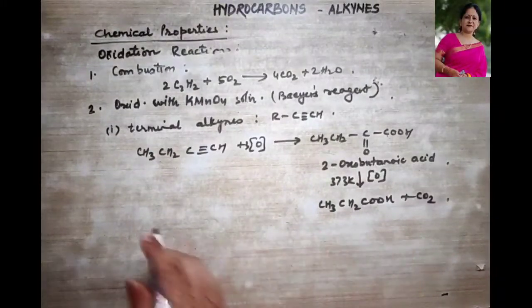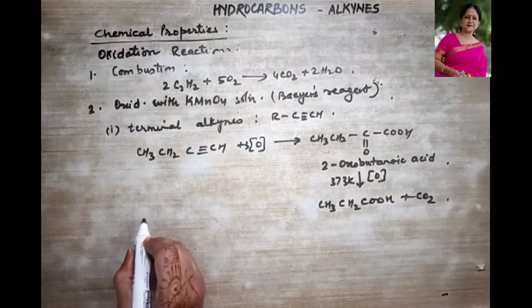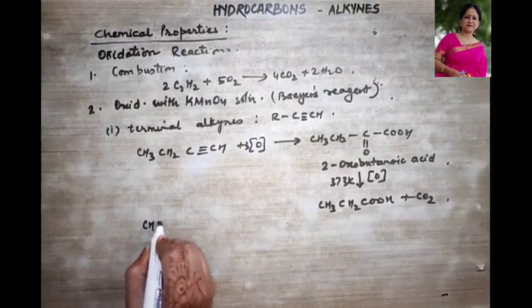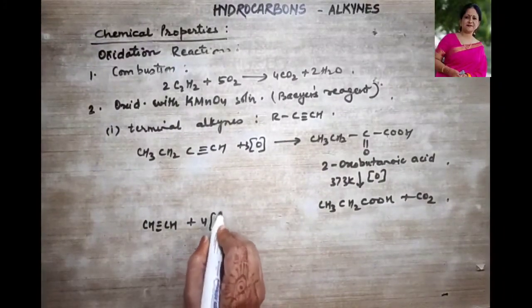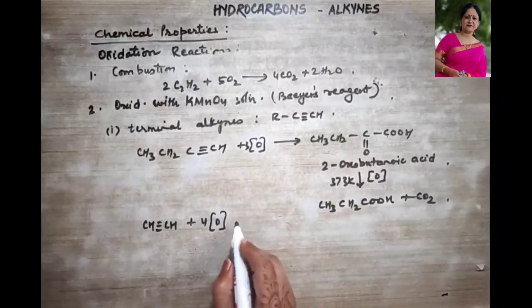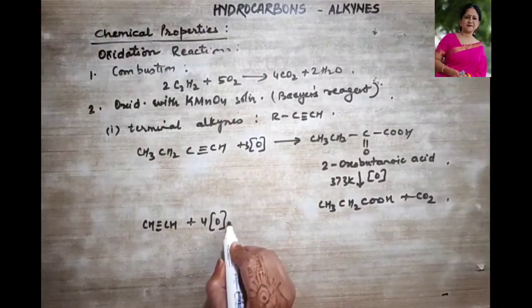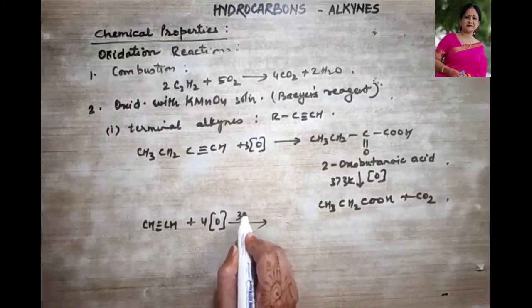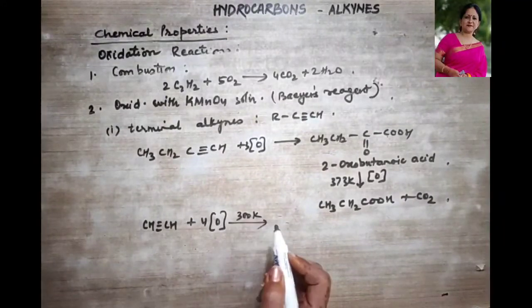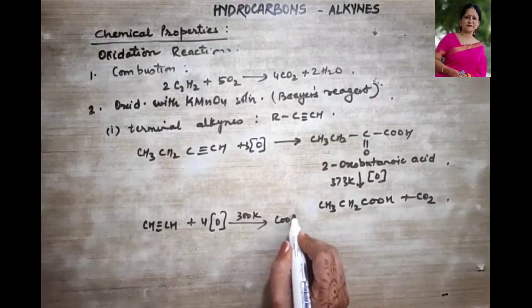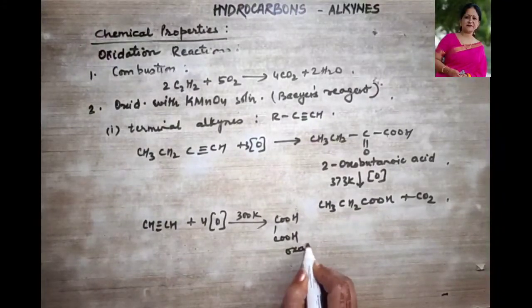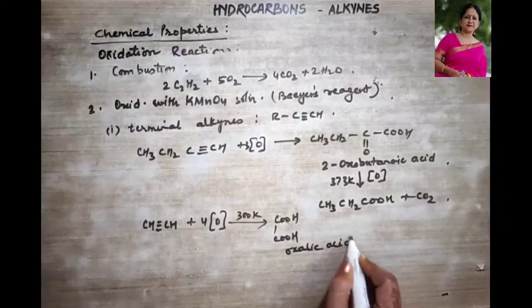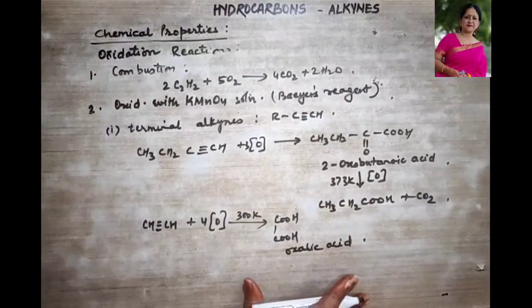Then even ethyne, like CH triple bond CH, can also get oxidized in the presence of alkaline KMnO4 or Baeyer's reagent at 300 Kelvin, and this gives us, what is this called? This is called oxalic acid. It gives us oxalic acid.